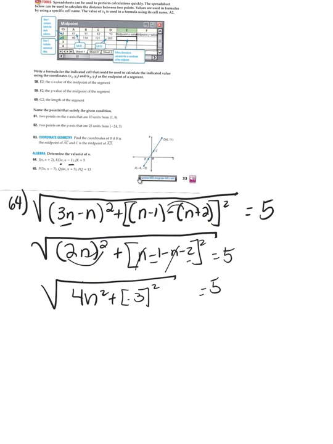So we've got 4N squared plus 9 equals 5. Now remember, when I've got a whole radical on one side, what I like to do is square both sides of my equation. So when I square both sides, that's going to lift my radical.